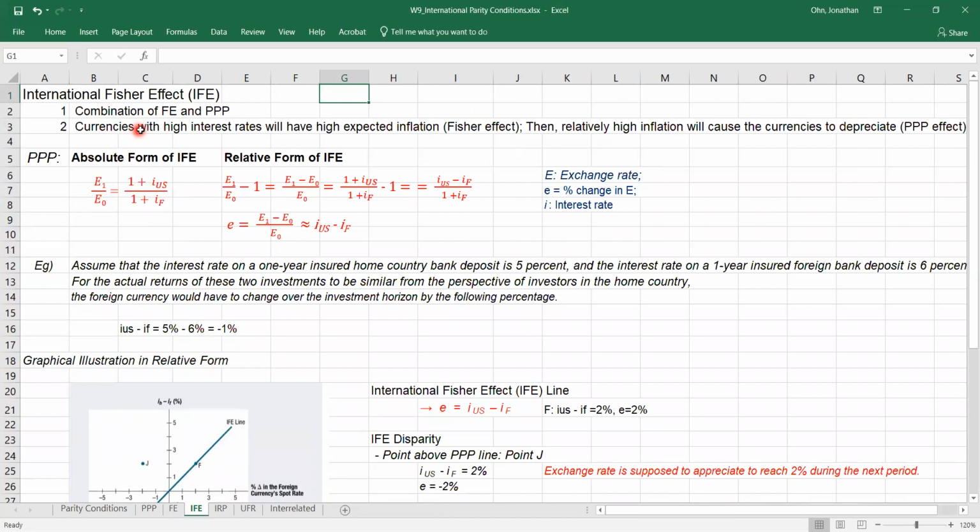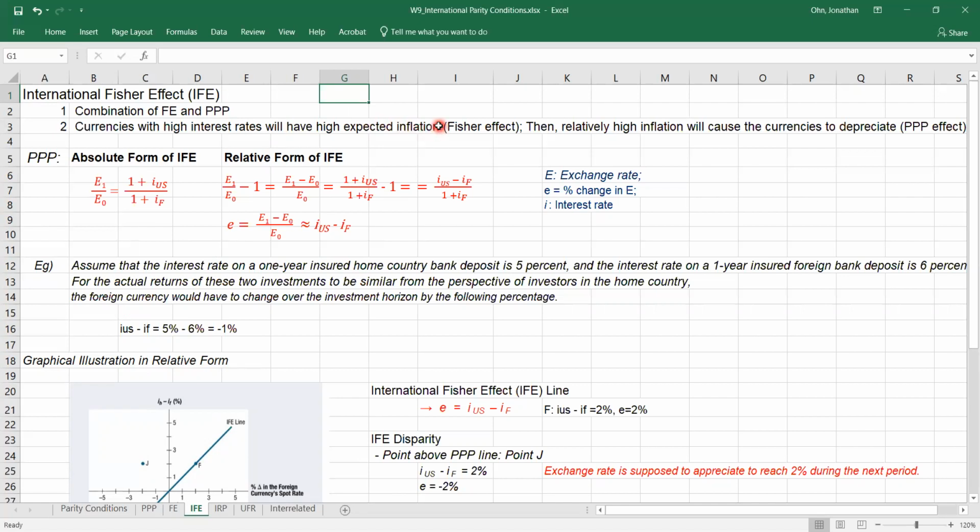Currencies with high interest rates will have high expected inflation. That's because of the Fisher effect, right? A high interest rate will lead to higher expected inflation because of the Fisher effect.